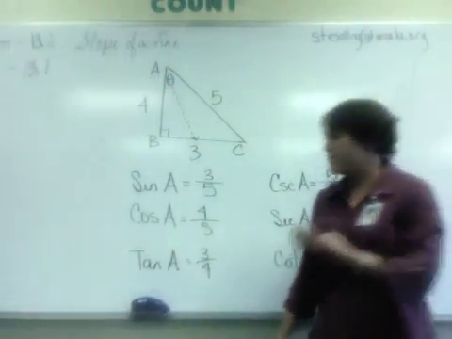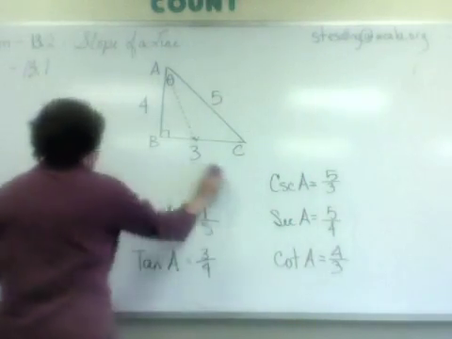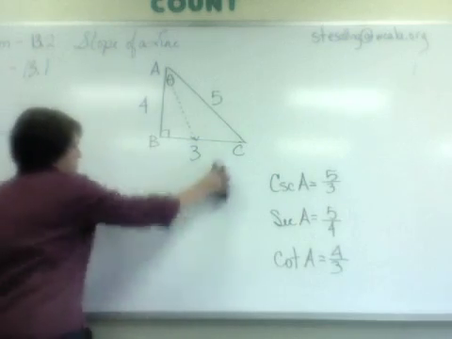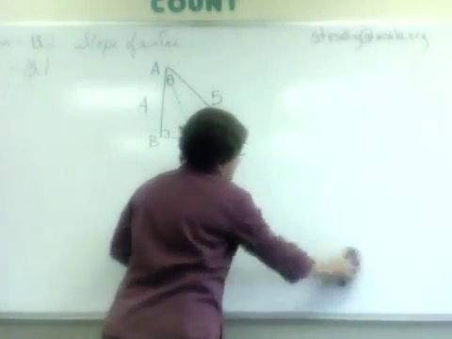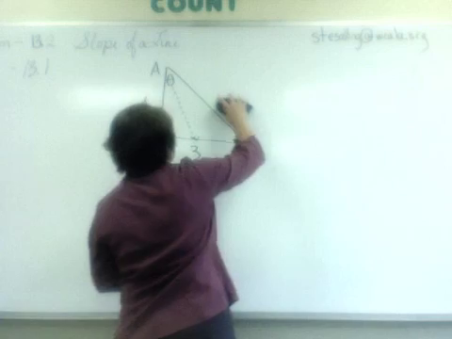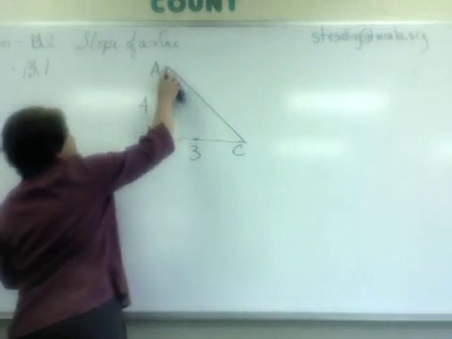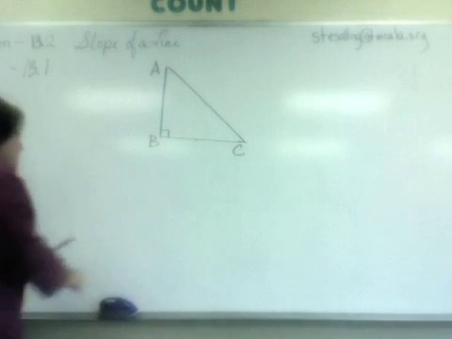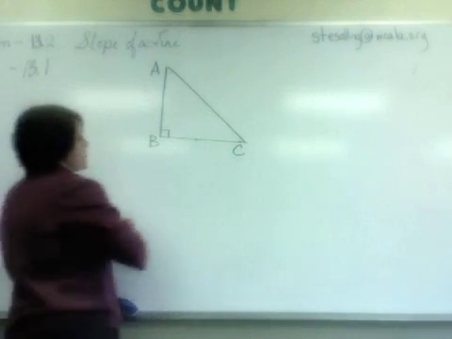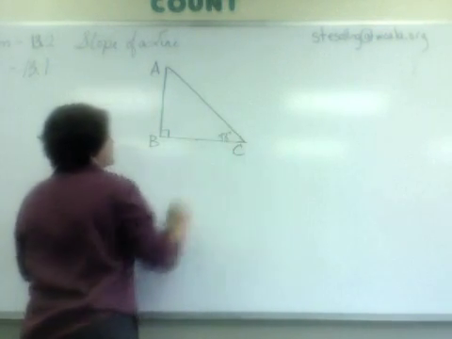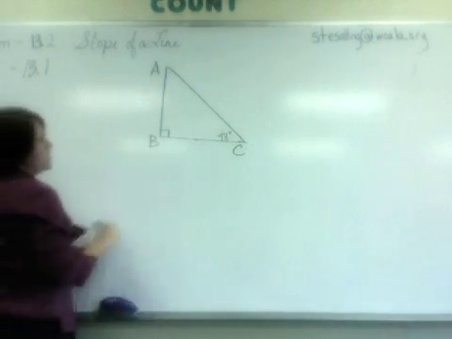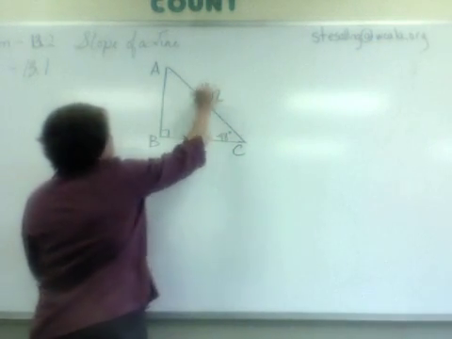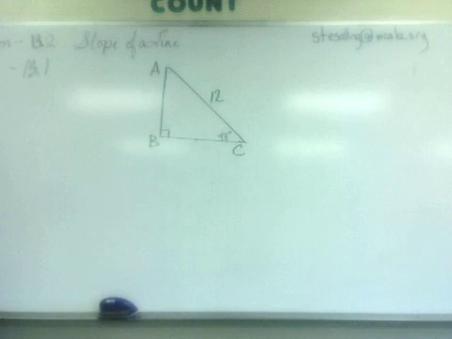And we're going to choose which function we are going to use based on what we know. For instance, if I give you this problem, I tell you that angle C has a measure of 48 degrees, and your hypotenuse is 12 units long, and that's all I tell you.